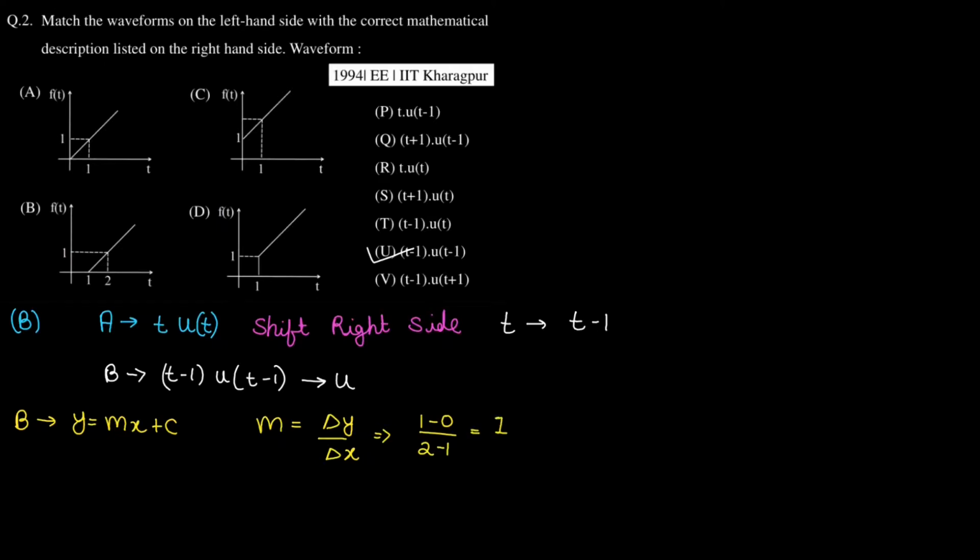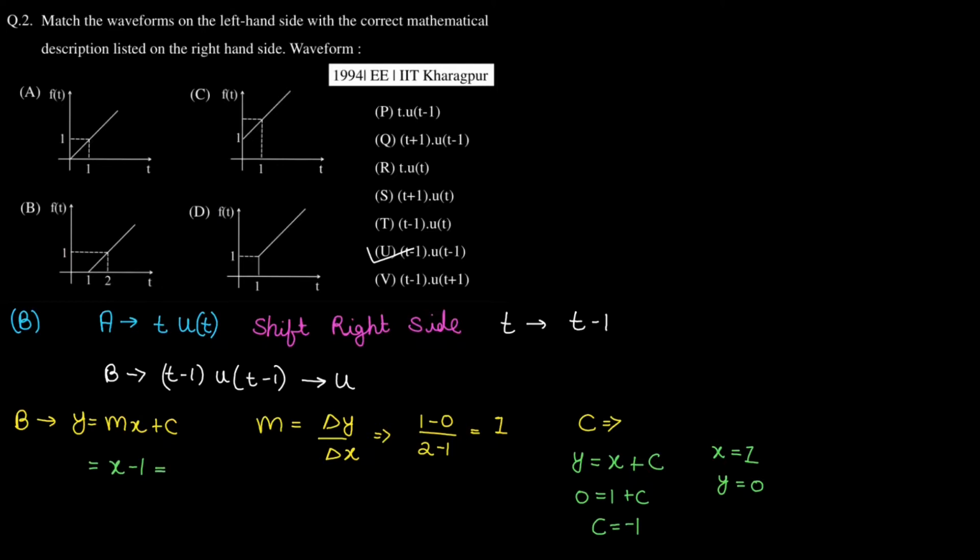And for finding the y-intercept c, we have to use a little trick. First we will write y equals x plus c because the slope is 1. On putting the value of x as 1, y should be 0. On substituting this in the main equation, 0 equals 1 plus c, and c becomes minus 1. That means our B will be x minus 1.